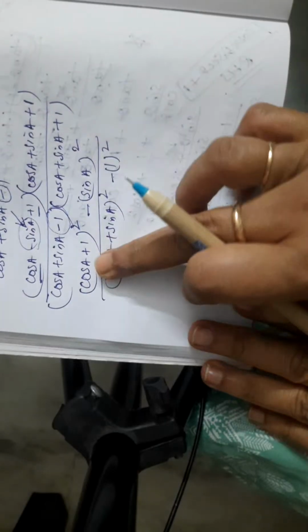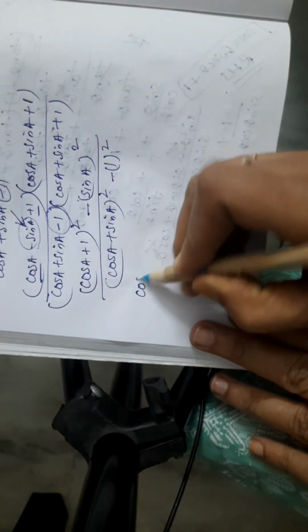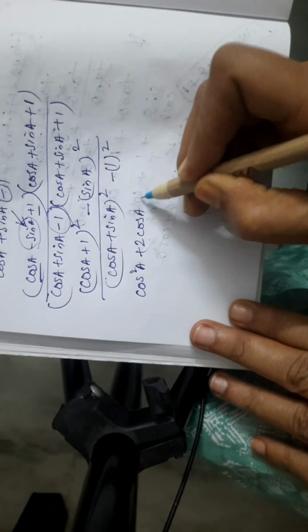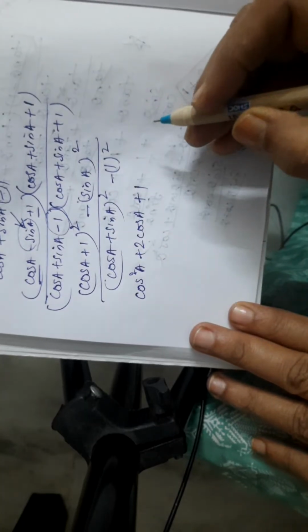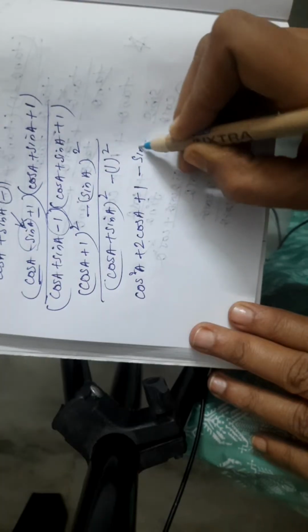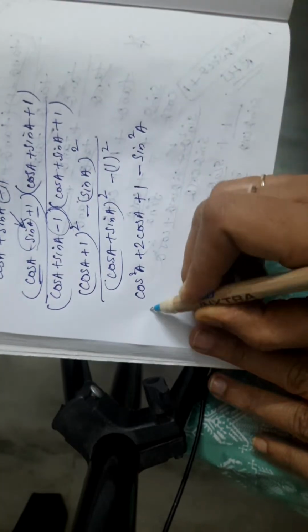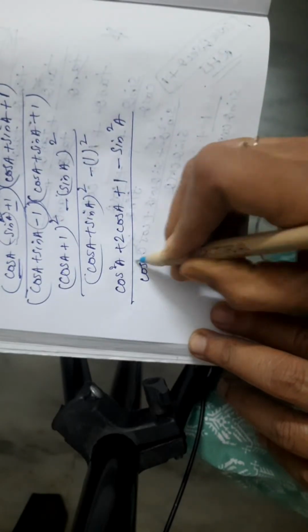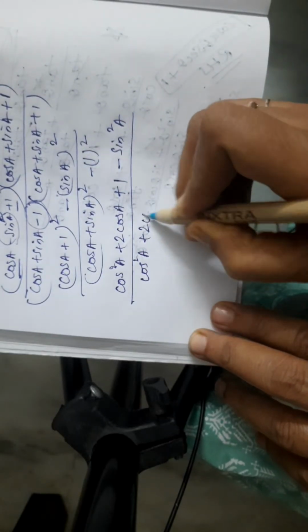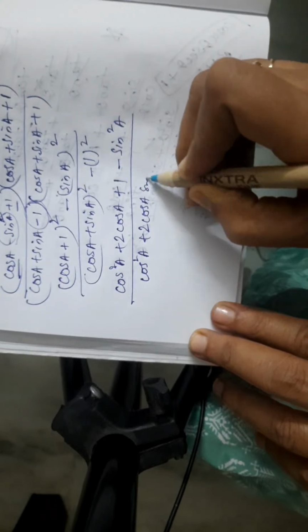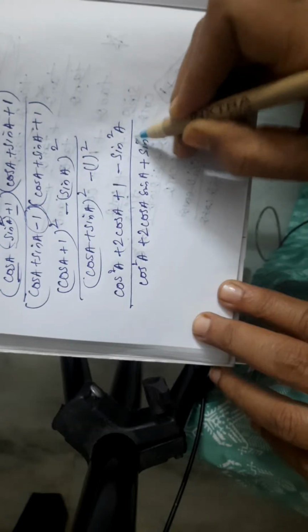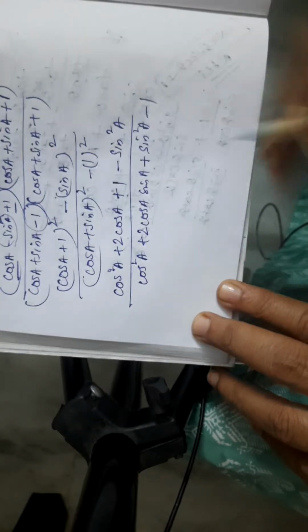The whole square identity is to be applied now. A square plus 2AB plus B square, minus sin square A. The same in the denominator also: cos square A plus 2 cos A sin A plus sin square A minus 1.